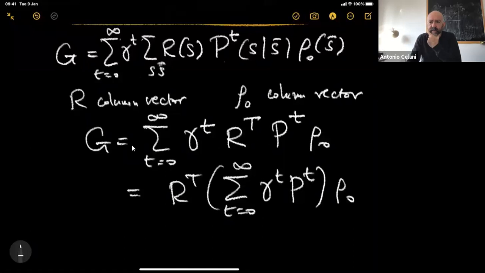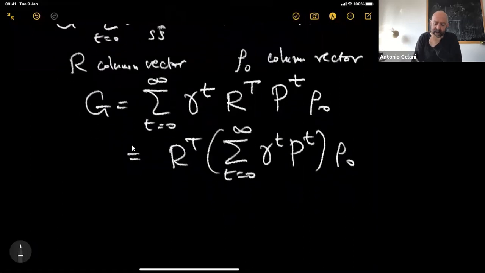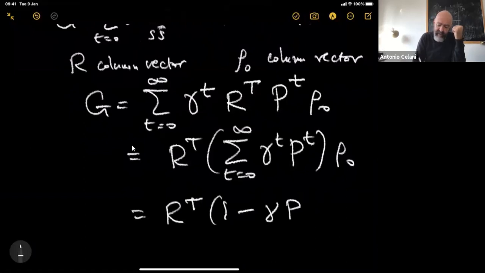This is a geometric sum. So I can sum formally this thing and write it as 1 minus gamma p, where this one is the identity matrix, and this is the inverse of this matrix times rho 0.